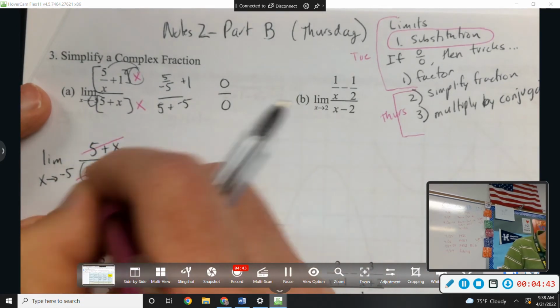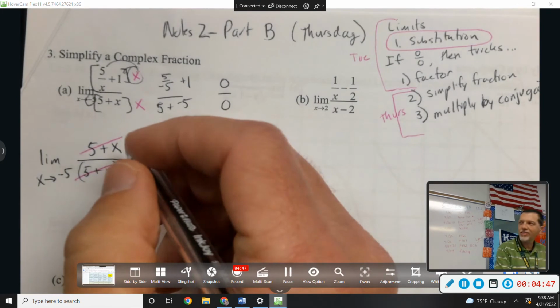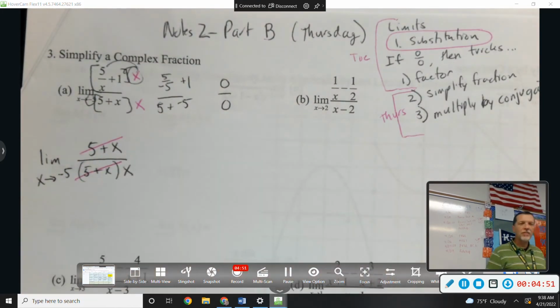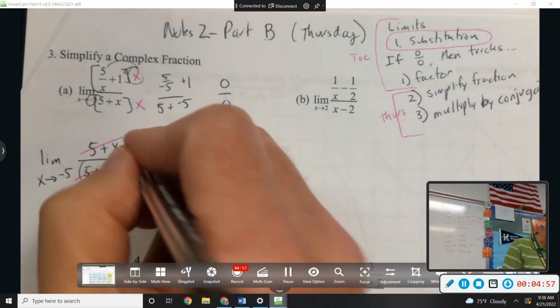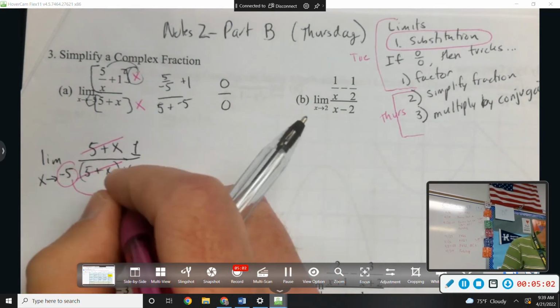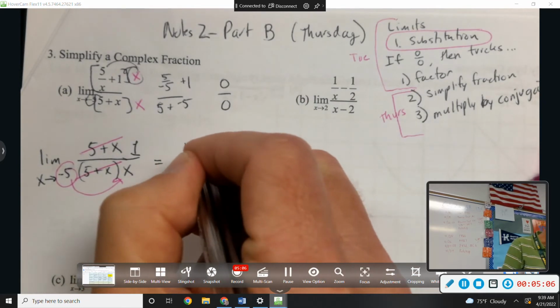We can cancel the 5 plus x's. I don't remember if it was your class or the other class. What happens if we cancel everything in the top? What's left in the top now? 1. Good. It's not nothing. It's not 0. There's a 1 there. So we now substitute -5, and we get -1/5.